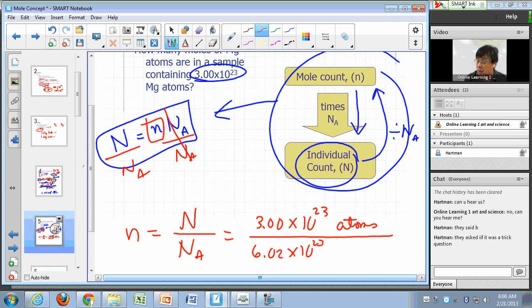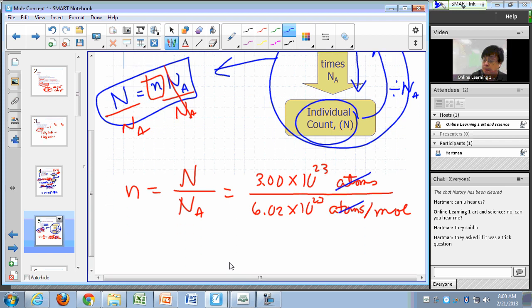And the unit for Avogadro's number would be per mole of whatever you're counting. So in this case, it's atoms per mole. So atoms cancel out. That gives you the answer in moles.